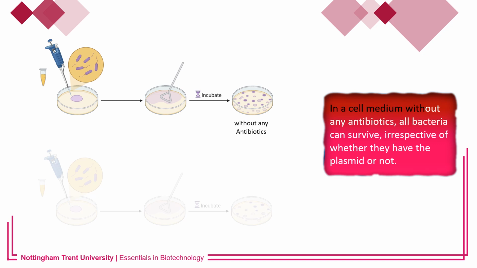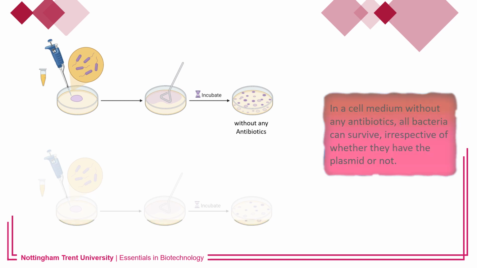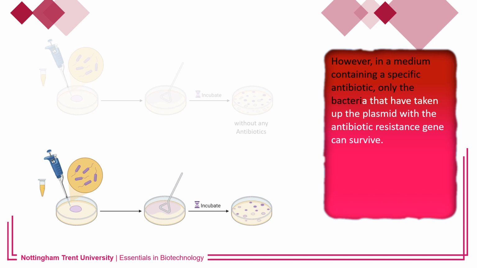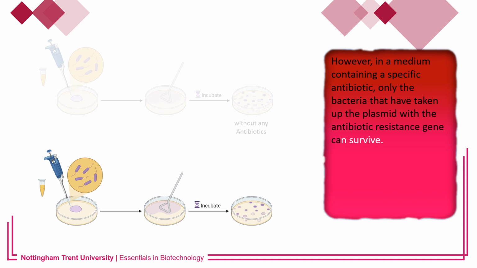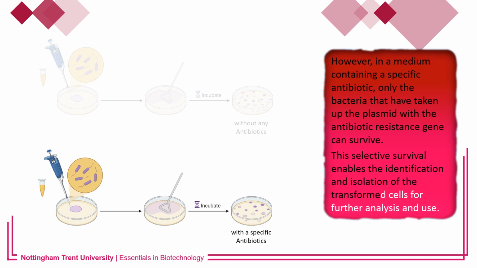In a cell medium without any antibiotics, all bacteria can survive, irrespective of whether they have the plasmid or not. However, in a medium containing a specific antibiotic, only the bacteria that have taken up the plasmid with the antibiotic resistance gene can survive. This selective survival enables the identification and isolation of the transformed cells for further analysis and use.